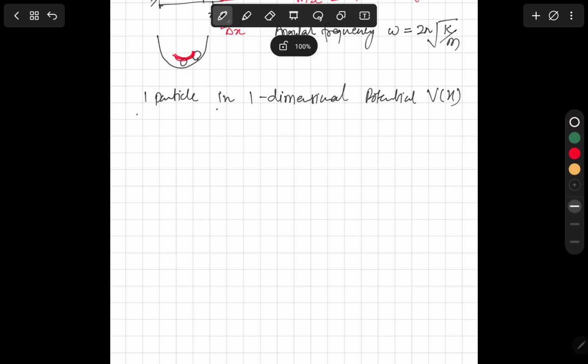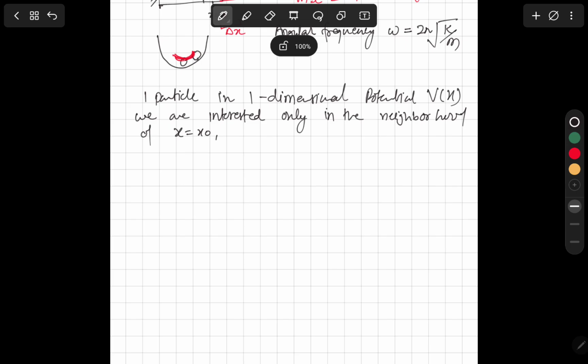Okay, we'll define it later. Let's say we are interested only in the neighborhood of x equal to x naught. How will this potential look like?